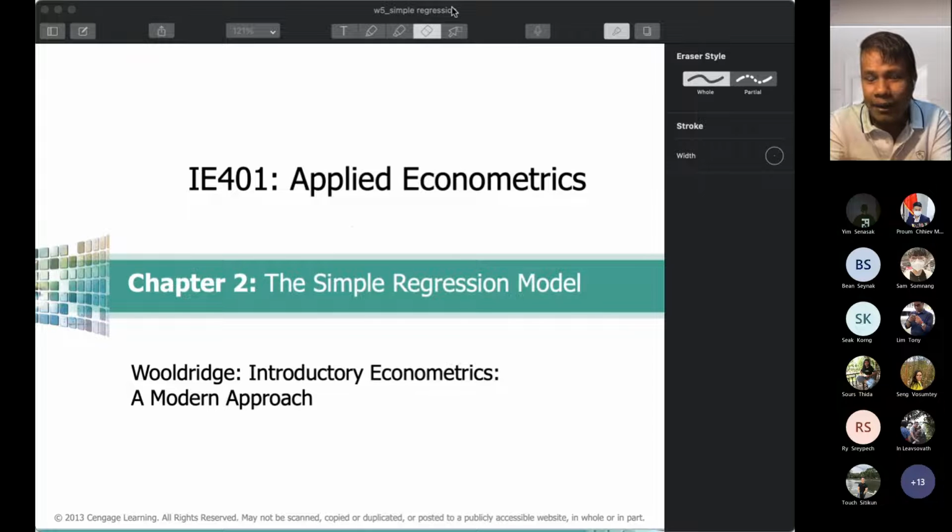All right. If assumption 1 to 4 are met, OLS produces unbiased estimate, unbiased coefficient, unbiased slope.